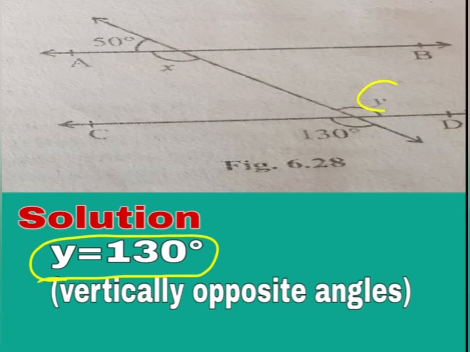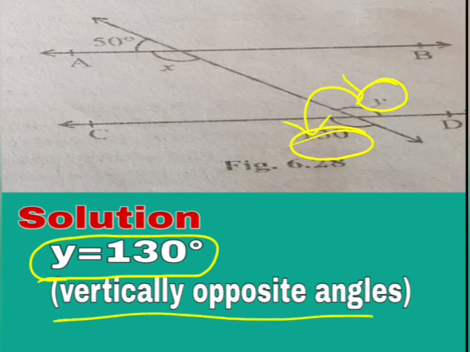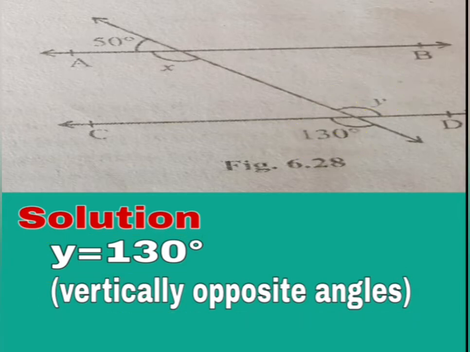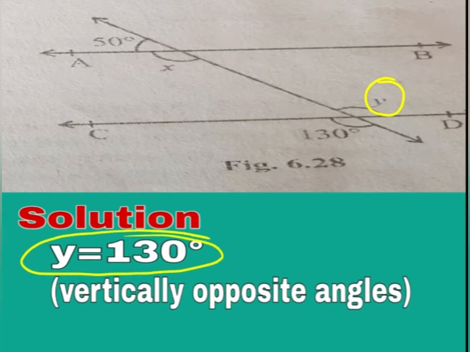So here for this y angle, we have the 130 degree angle, and these two angles are vertically opposite angles. So if this angle value is 130 degree, then your y value is also equal to 130 degree. Using that property, we are writing the value for y.